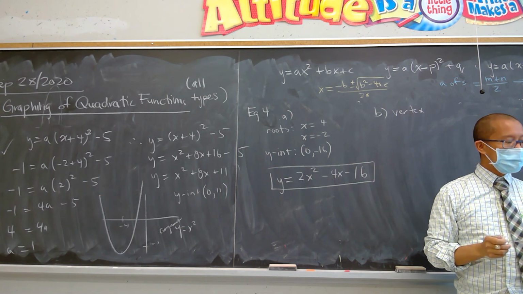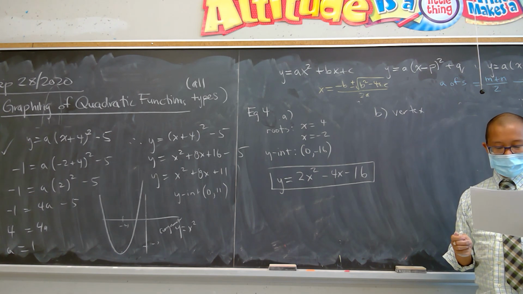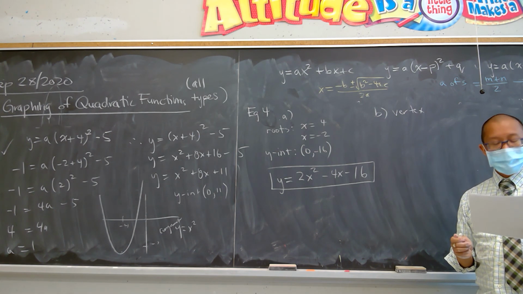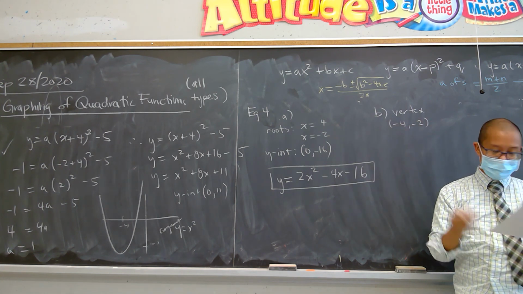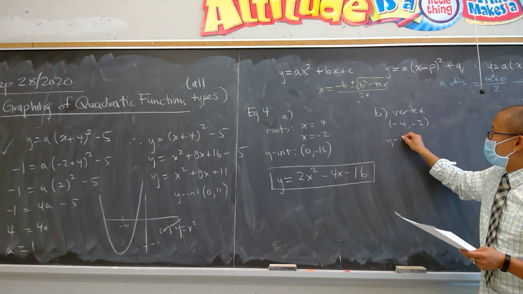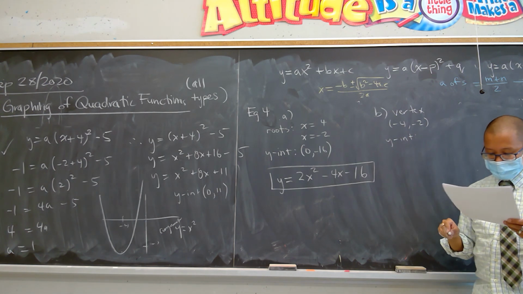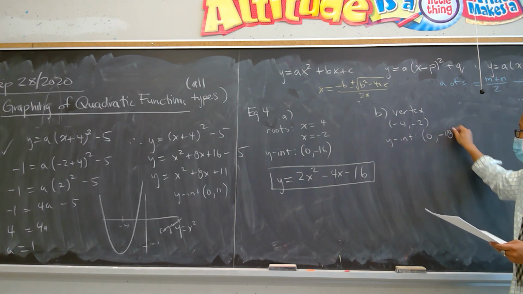Any volunteer from the class can read the coordinates of the vertex? Is it (-4, -2)? It is (-4, -2). Don't feel bad if the photocopy is unclear, but that's what it is. And I think everyone agrees you can also read the y-intercept. I think it actually is (0, -18).